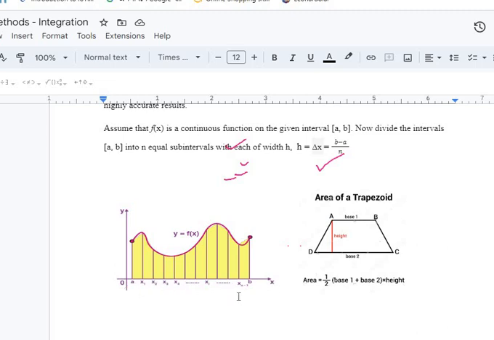Now this is divided into several parts. One can think about the area under this curve from a to b. Here we can consider a trapezoid, something like this. Let me take a different color so things will be clear to you. So you can have a trapezoid.